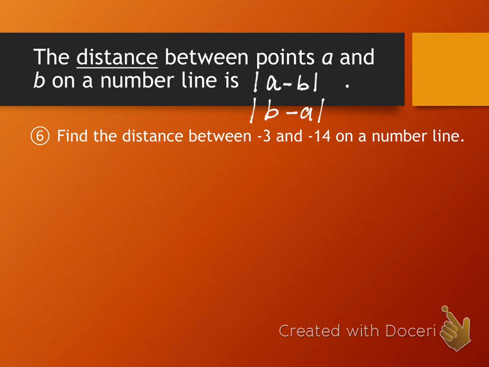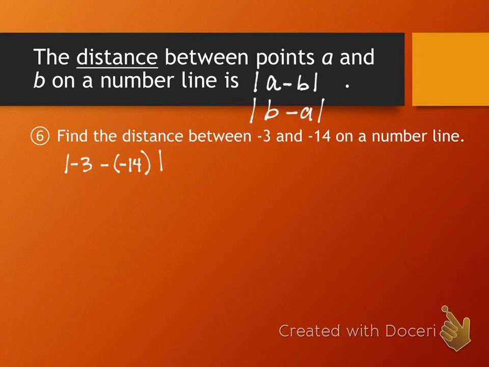So according to the definition, I want to find the distance between negative 3 and the opposite, right, subtraction of negative 14. So this is literally what that question asks me to do with that definition above. It asks me to do it with a number line, and I'll do that in just a second, but with the definition.